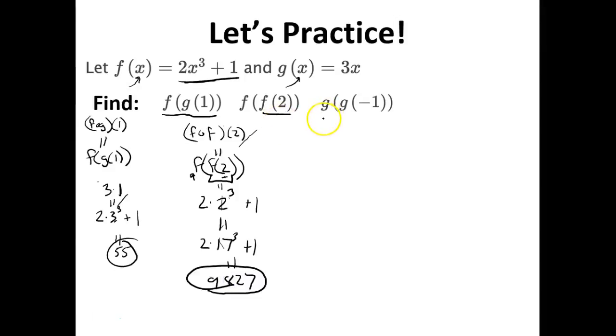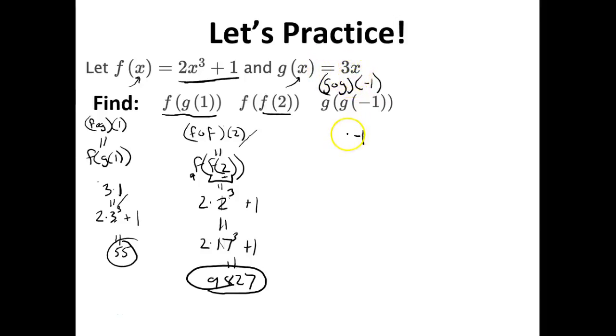Then, this last one, g of g of negative 1. One way of writing that could be g composed with g of negative 1. What that means is we take the negative 1 and put it into the set of directions for g.